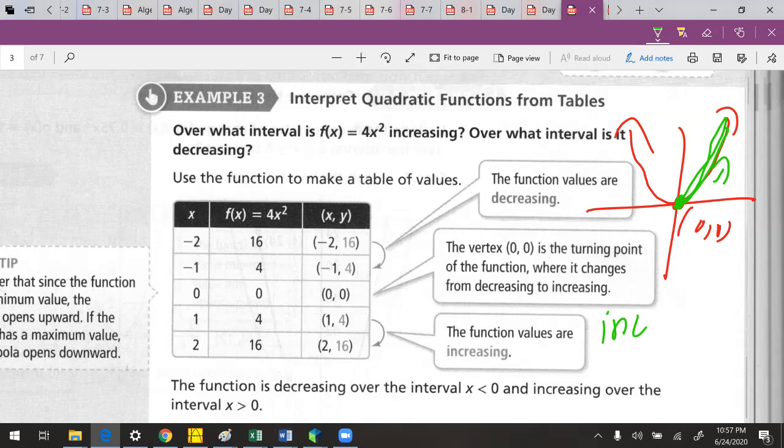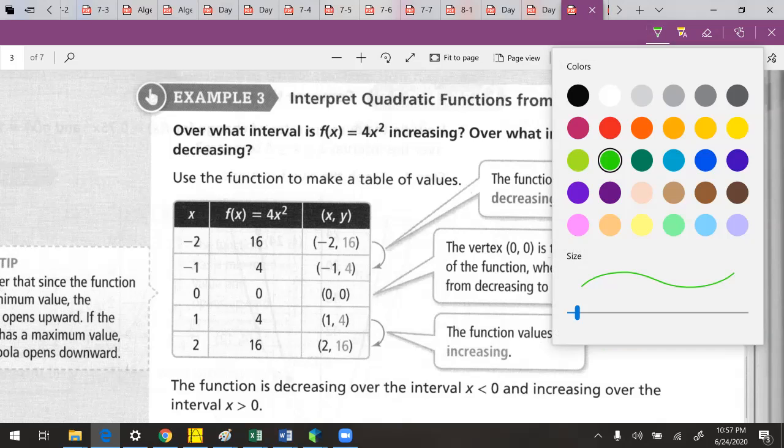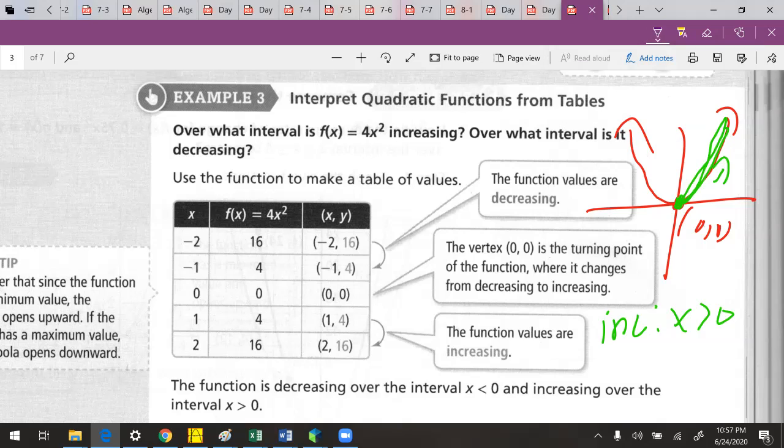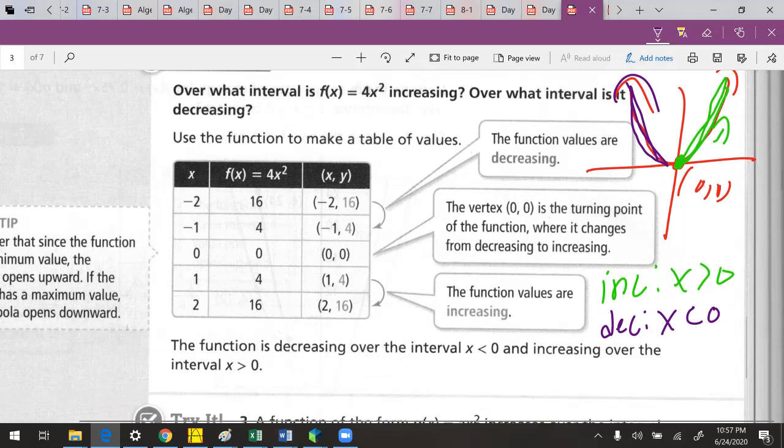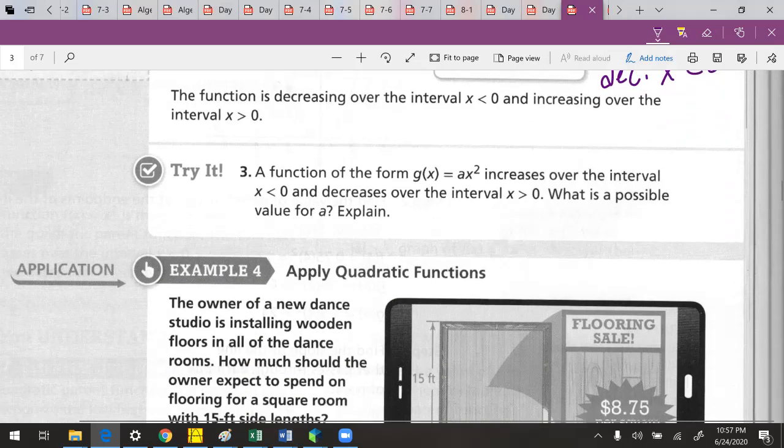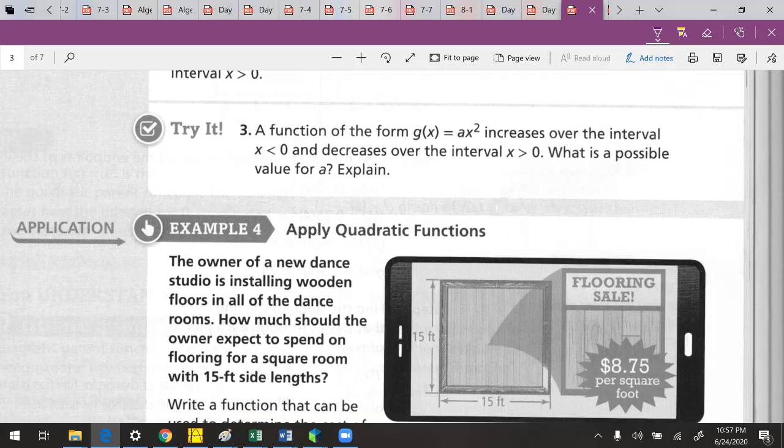So it's increasing when x is greater than 0, and decreasing when x is less than 0.